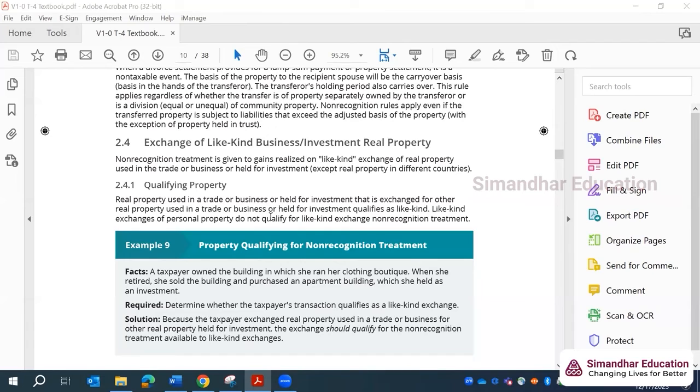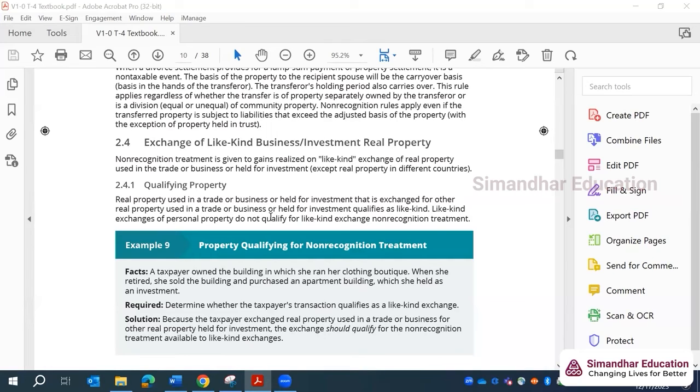Under divorce settlement property, we are again able to defer the gains. And in the like kind exchange transaction, we are able to defer both the gains and there is a deferral of losses.